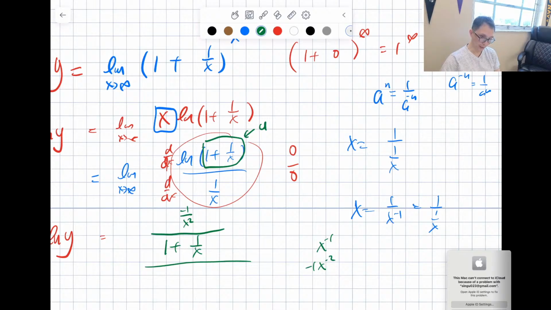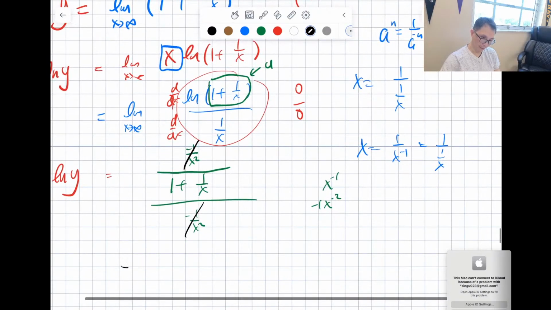And the derivative of 1 over x, same thing, right? Do you see that happen? You take a derivative of the numerator and a derivative of the denominator. This will cancel out, and that becomes 1 over 1 plus 1 over x, right?